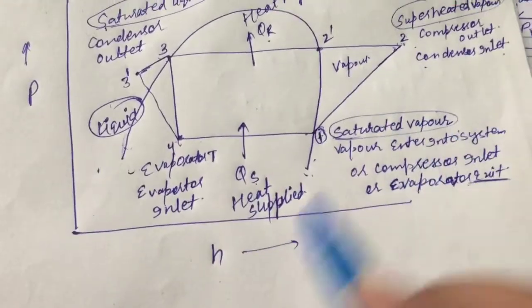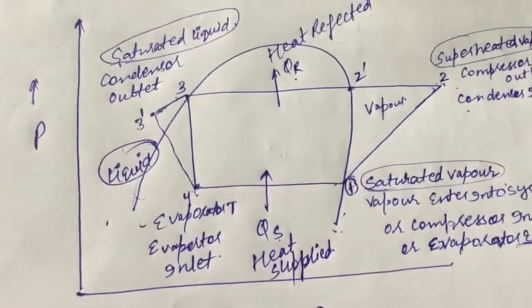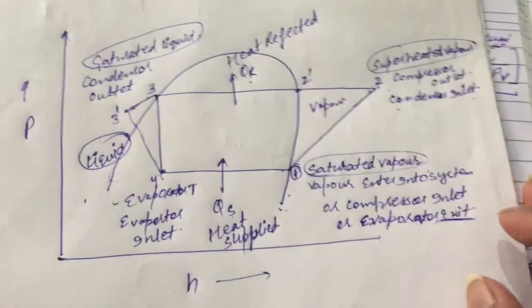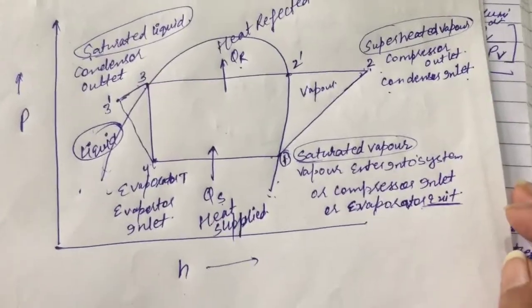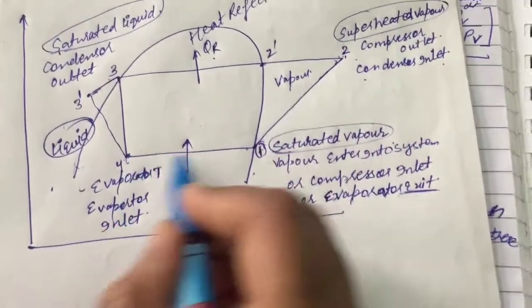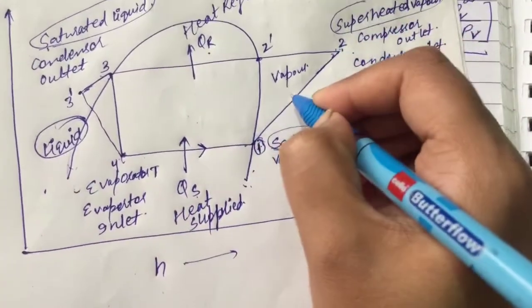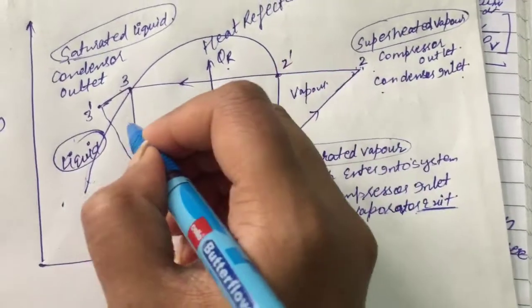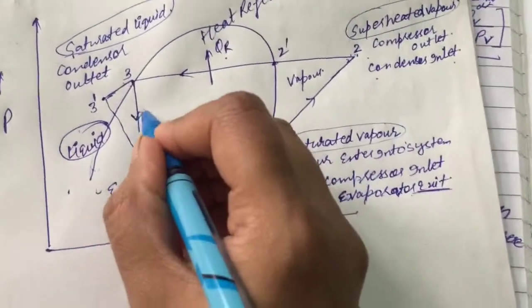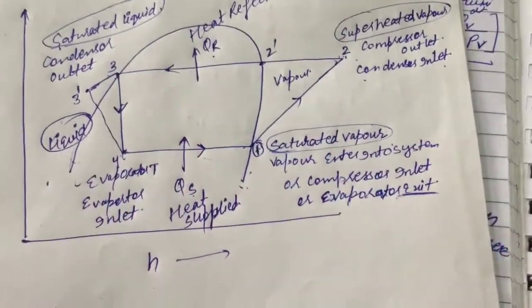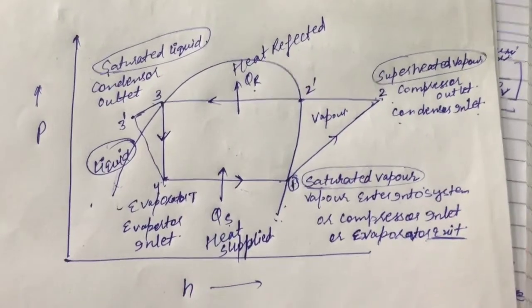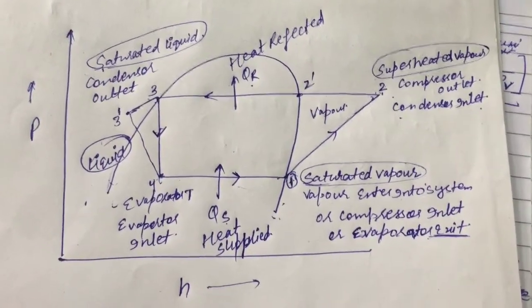So there are a few formulas. Please take a screenshot of this diagram because it is very important. The process flows in this direction, from 1 to 2, then 2 to 3, then 3 to 4. It is very important in solving questions.